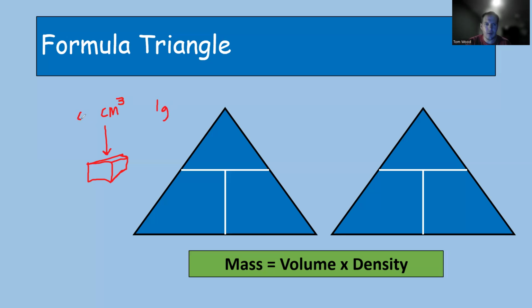So how many grams per centimeter cubed does it weigh? Well, if it weighs 1, then if I had 5 centimeter cubes, it would weigh 5 grams. If I had 15, it would weigh 15 grams.